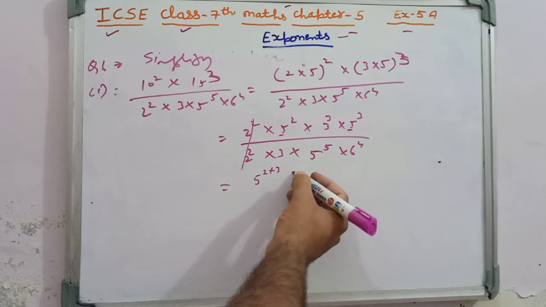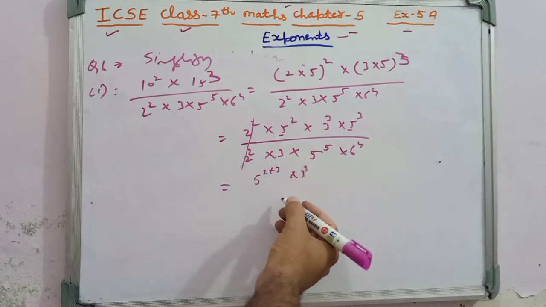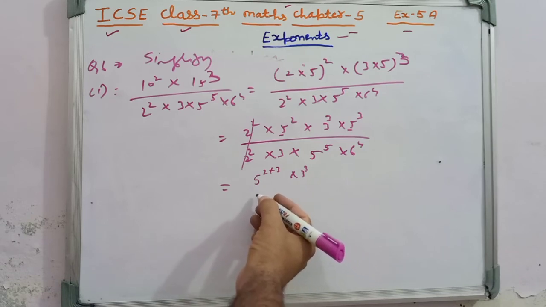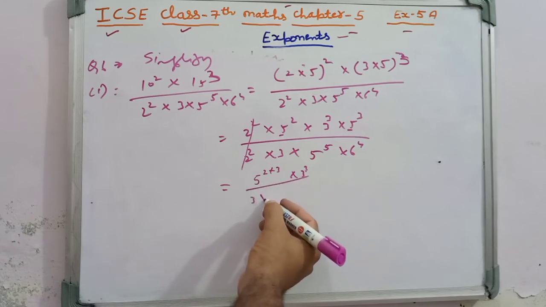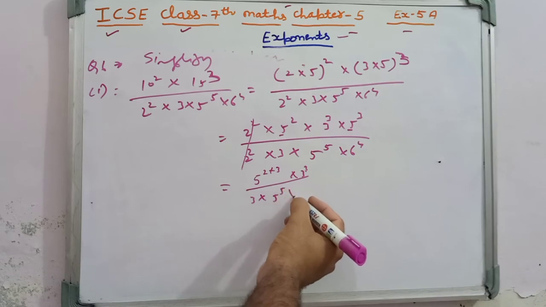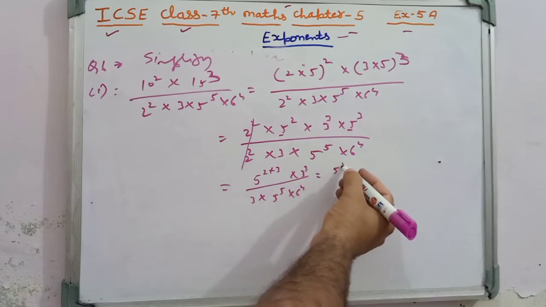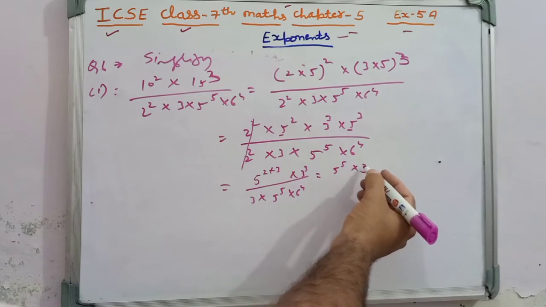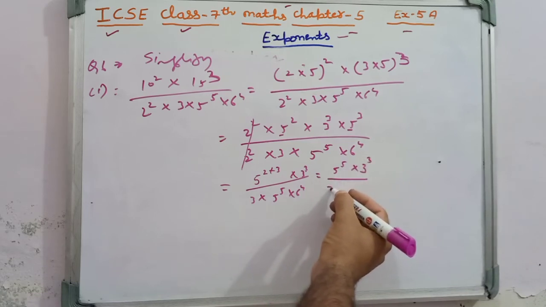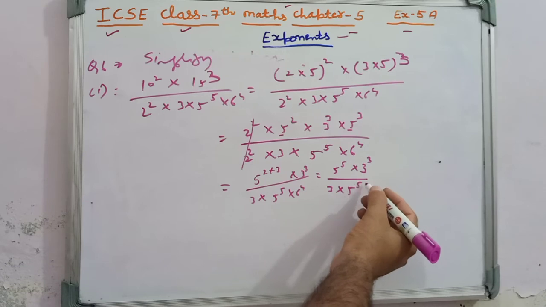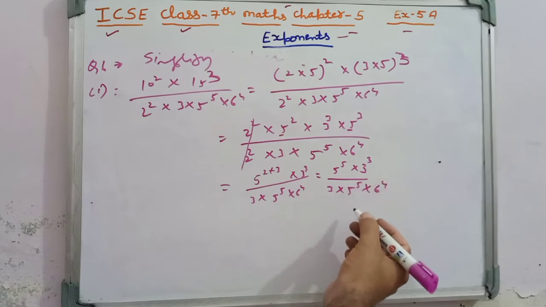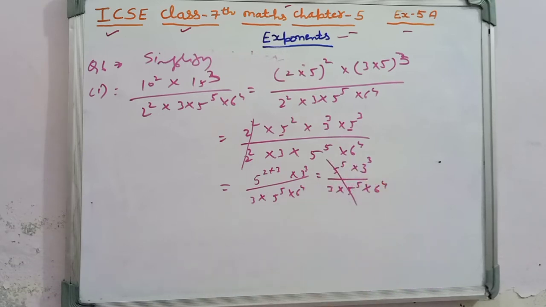And this is 3 raised to power 3. Now over 3 multiplied by 5 raised to power 5, 6 raised to power 4. So this has become 5 raised to power 5 multiplied by 3 raised to power 3, over 3 multiplied by 5 raised to power 5, 6 raised to power 4. So again the same powers will go on, right?